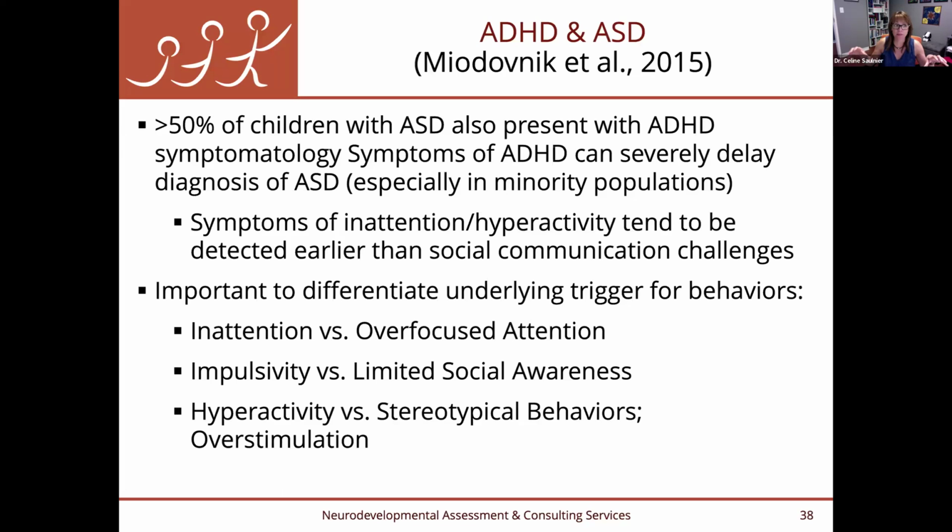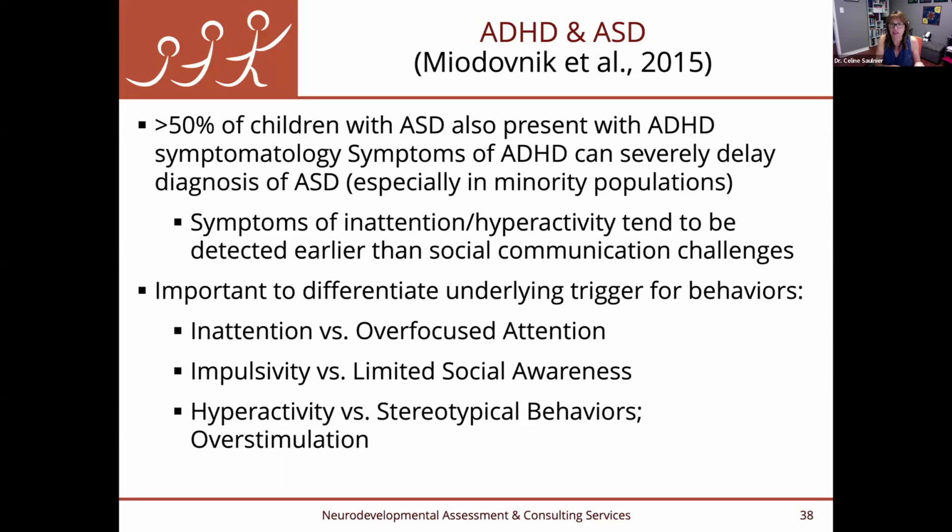This is because inattention, hyperactivity, and impulsivity are all subsumed under autism, but they can present very differently. Inattention in ADHD can be a difficulty focusing your attention, whereas in autism, it's an overfixation on things, objects, and even topics. So it can be intrinsic fixations, not external.